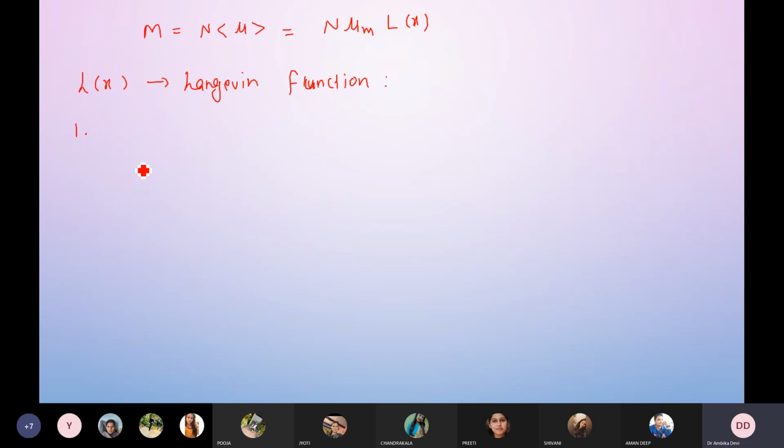First case is when x is very less than 1.